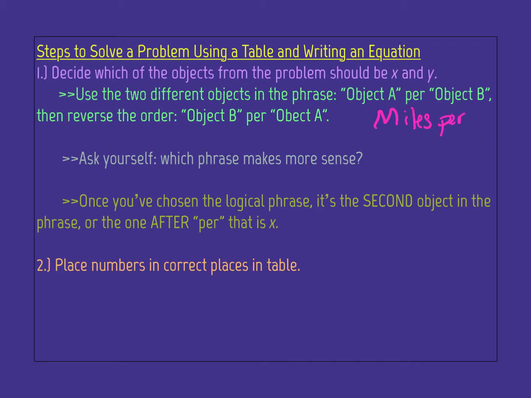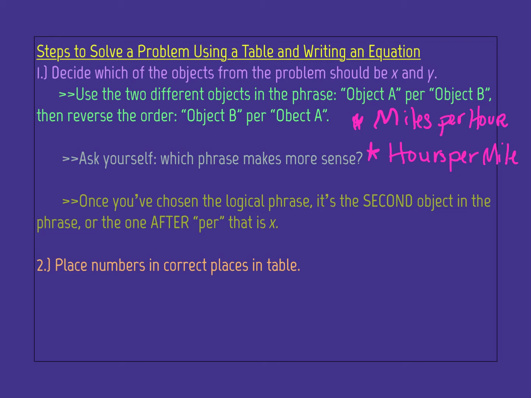I talked about in class, when some of you got confused about this, when you were writing it down, I reversed it for you. And I said, is it miles per hour or hours per mile? And then you were like, wait, I know the answer. Because when you put it like this, you kind of automatically know, because it really only makes sense one way.